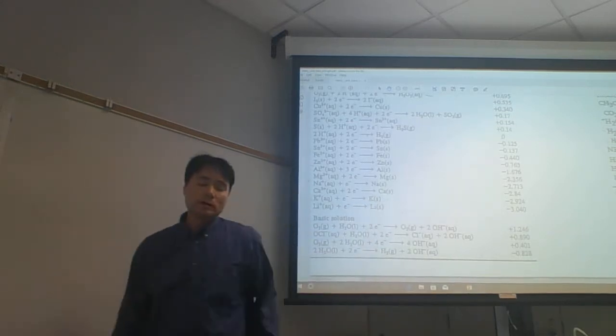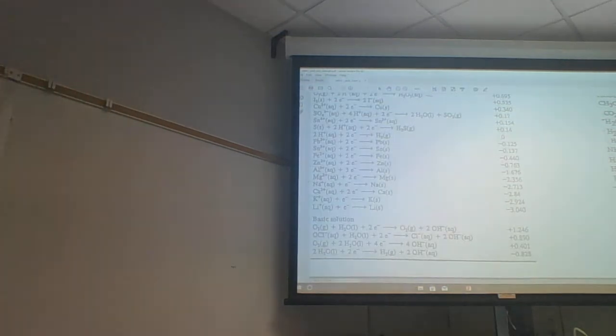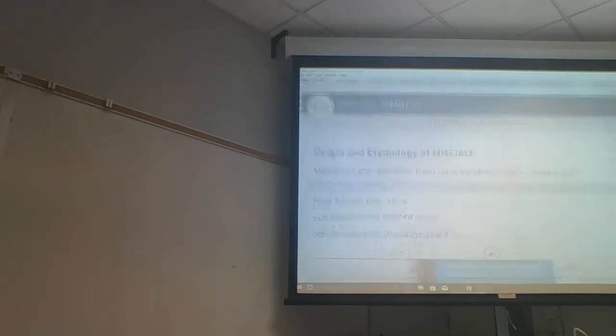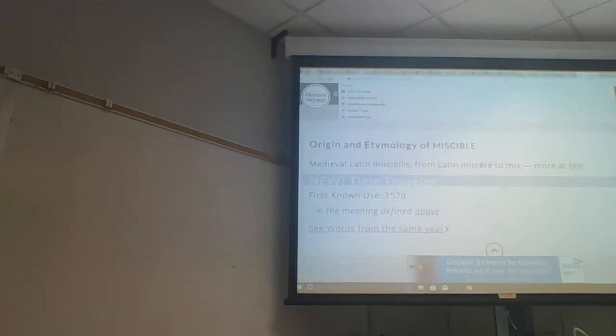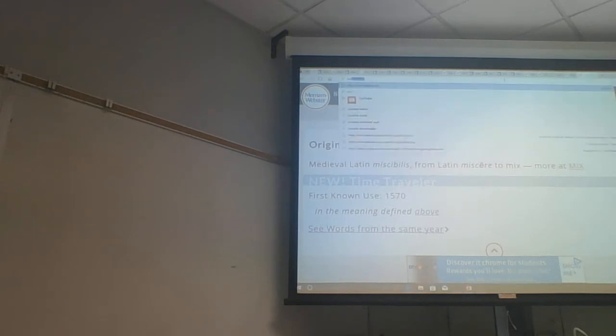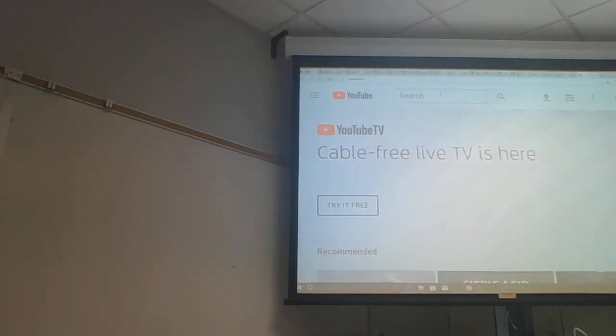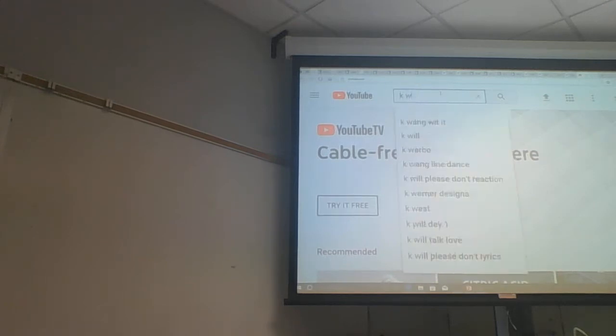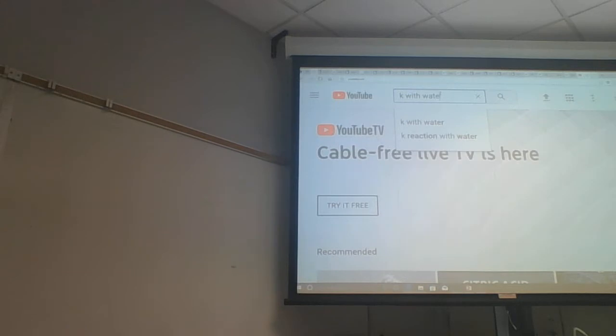And what results is potassium reacts much more violently with water than lithium does. In fact, let's just take a quick look at this. Let's look at the difference between K with water.